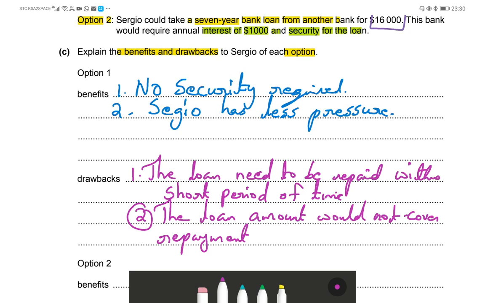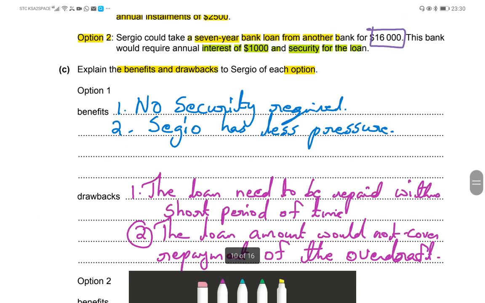Friend is offering only 10,000, but our overdraft amount is more than 10,000. So this is not able to cover the overdraft. Hope the first option is clear with you.